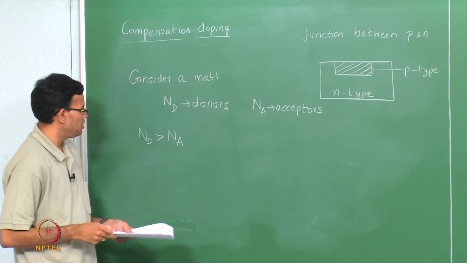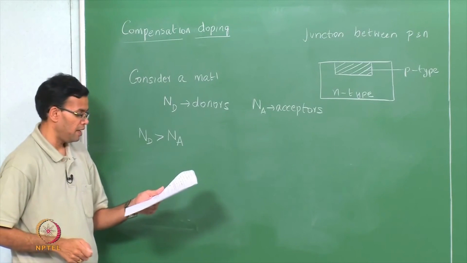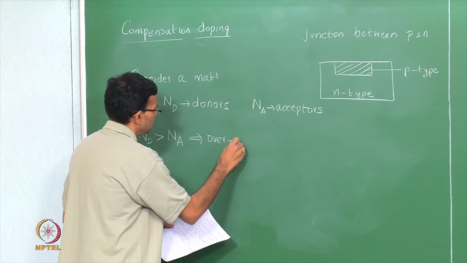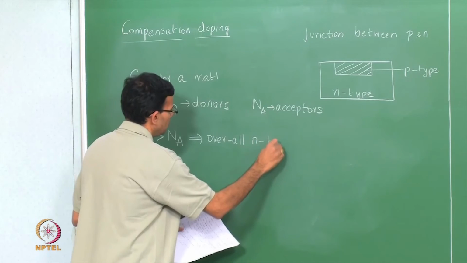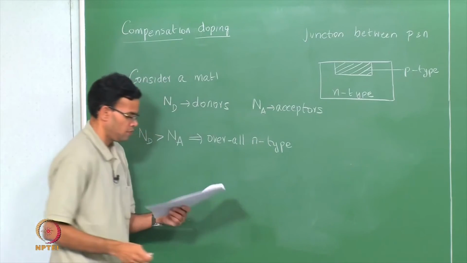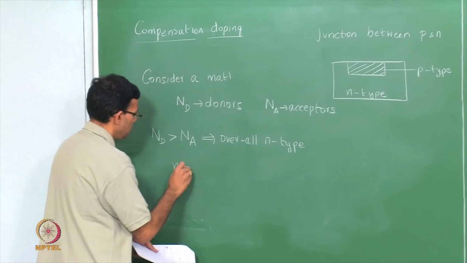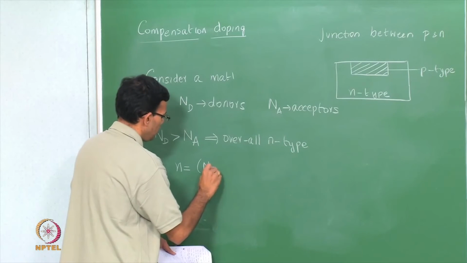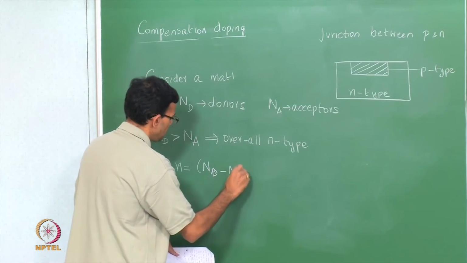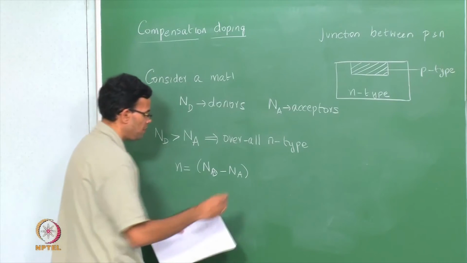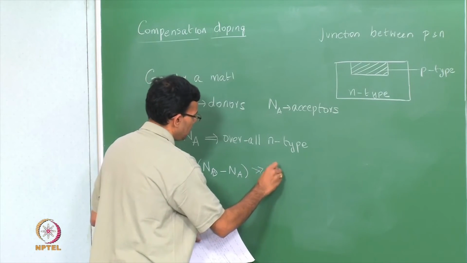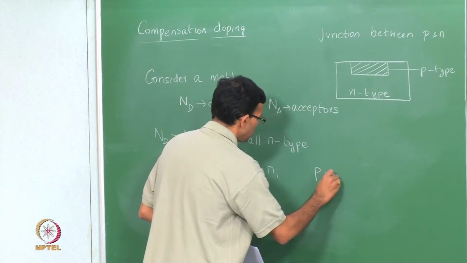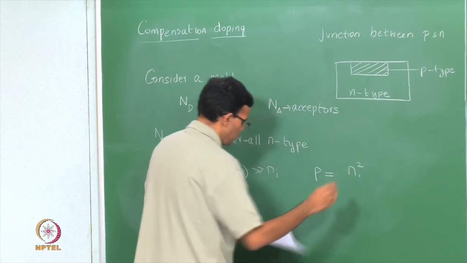If you have a situation where Nd is greater than Na, the material is said to be overall n type, with n, the concentration of electrons, nothing but Nd minus Na. This will still be much greater than the intrinsic carrier concentration. Concentration of holes is then Ni square over Nd minus Na.